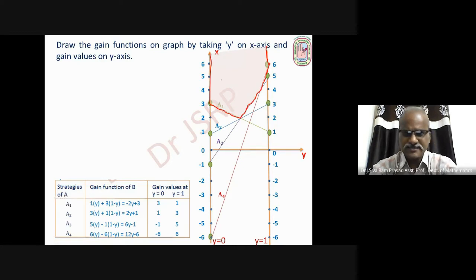In this upper region, what are the intersection points? This is one intersection point, this is another, here we have another, and this is another. So total 4 intersection points.